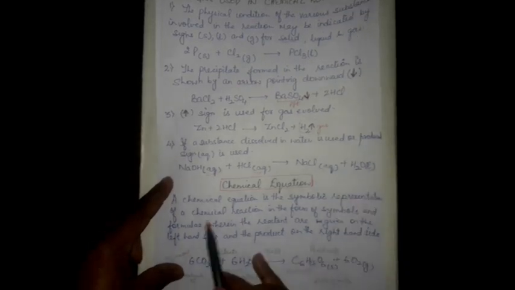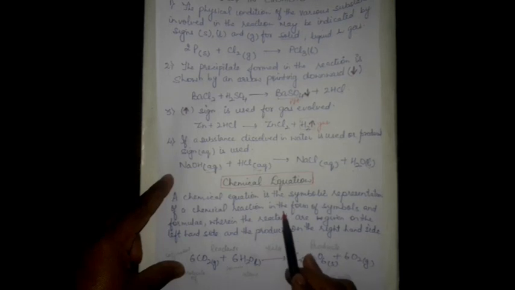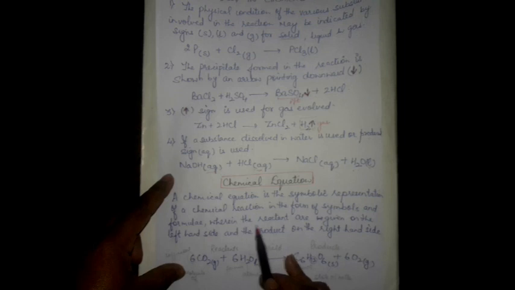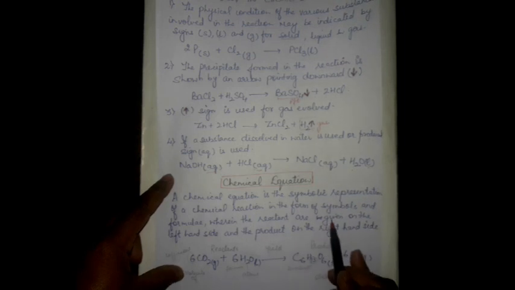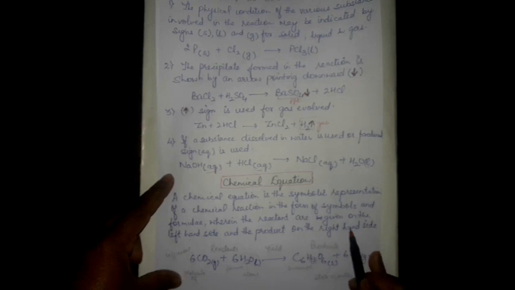Okay. Now let's start with the chemical equation. What is a chemical equation? A chemical equation is the symbolic representation of a chemical reaction in the form of symbols and formulas, wherein the reactants are given on the left hand side and the products are given on the right hand side.